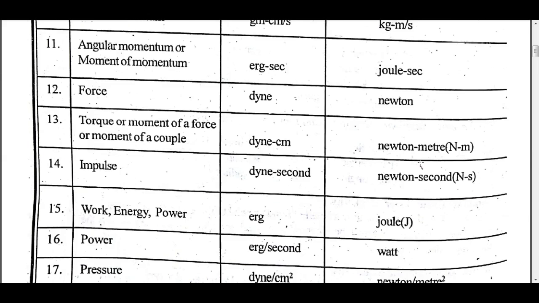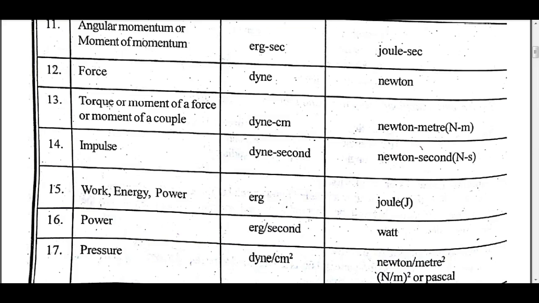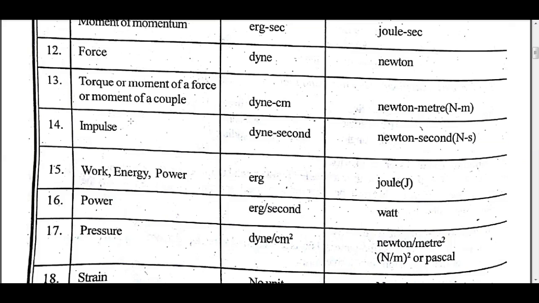Coming to the torque, torque is nothing but force into distance. The unit for force is Newton, distance is meter. Coming to the impulse, impulse is nothing but force into time, that is Newton for force, and second for time.